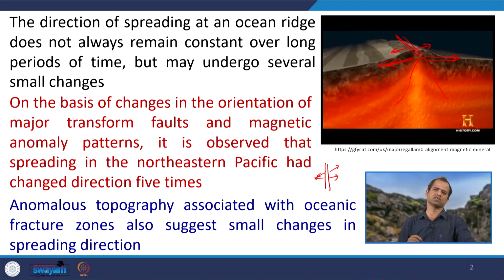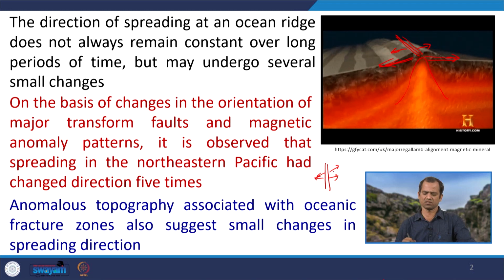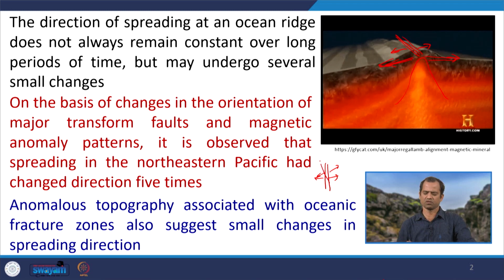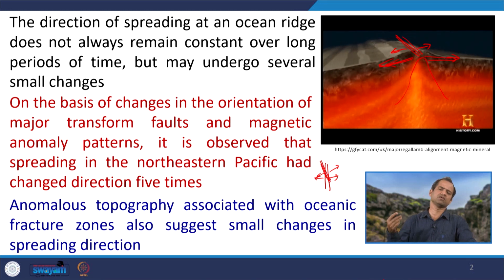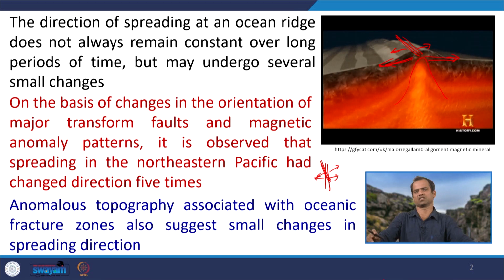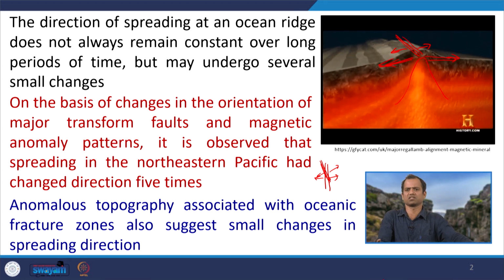Once the spreading center changes, we have reorientation of the ridge, and similarly the overlapping spreading centers, the transform faults, and the other components, like volcanoes, are reoriented. So, these different components of the spreading system also reorient themselves.